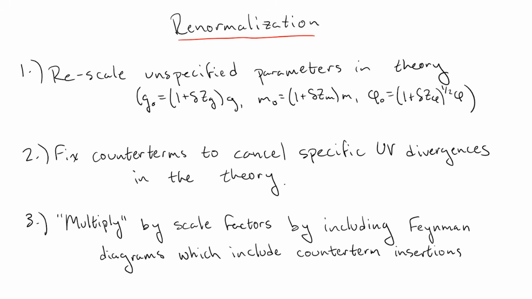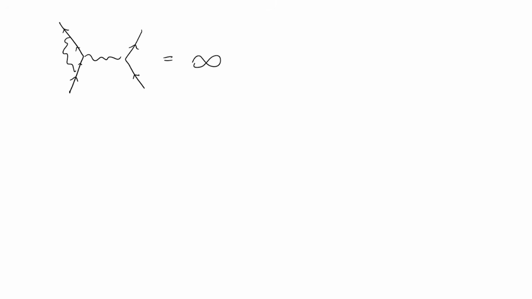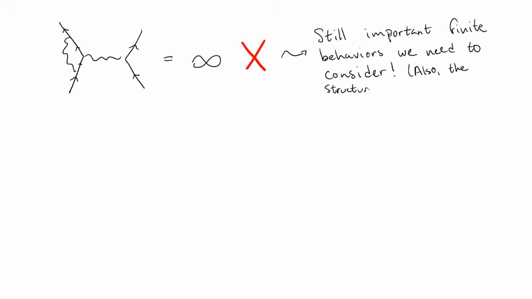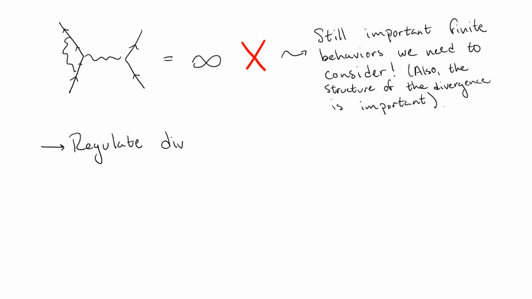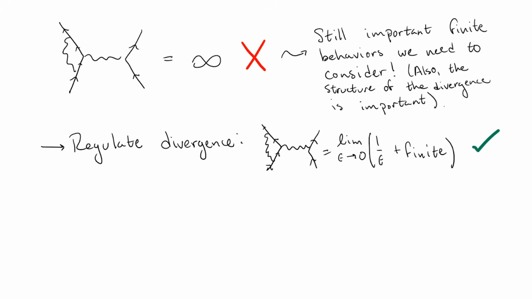When we're trying to calculate these divergent integrals, we can't just plug in infinity, since this will completely wash out all of the finite behaviors that we actually care about. So we have to regulate the integrals somehow to force them to give a finite result, and then take a limit at the end of the calculation.